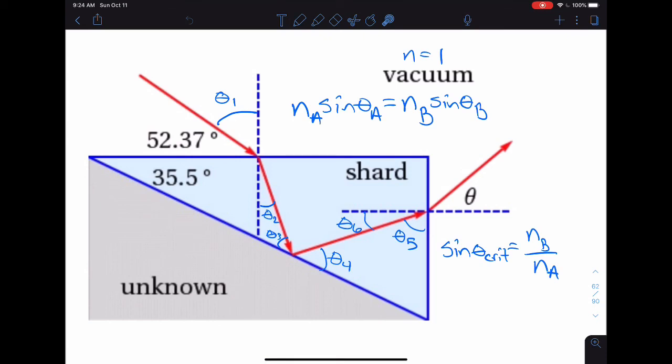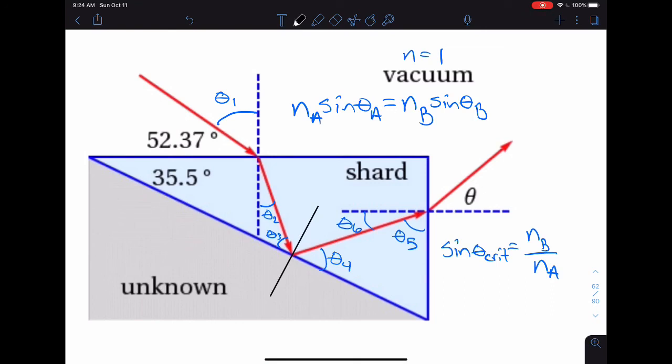Now, the critical angle itself, however, is not theta sub 3, because just like in Snell's law, or the law of refraction, the angles must be measured relative to the normal. So what we've got to do is draw the normal here. There's the normal, okay?